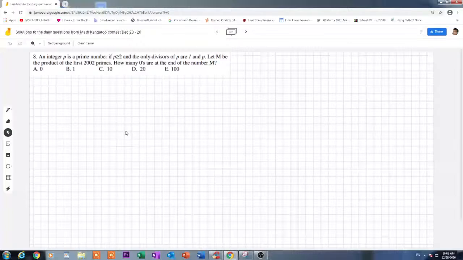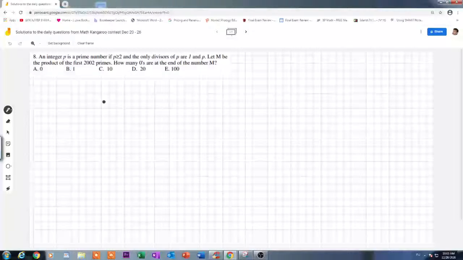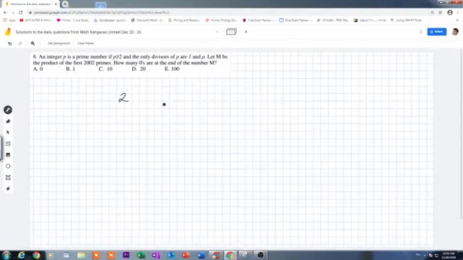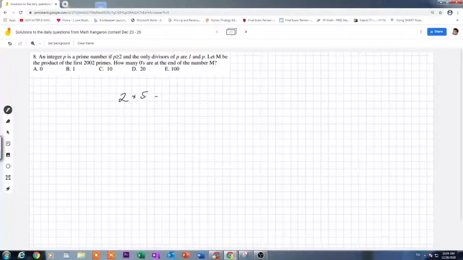We're given that p is a prime number, and most of them, except one, are odd numbers. The one prime number which is even is 2, right? And the only combination we can have to get 0 at the end is 2 times 5, so it will be 10, and then this 0 will stay at the end forever.